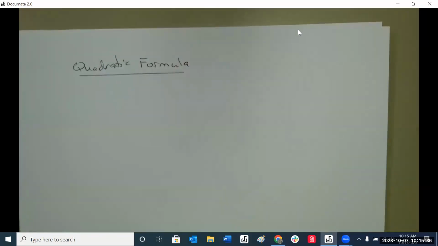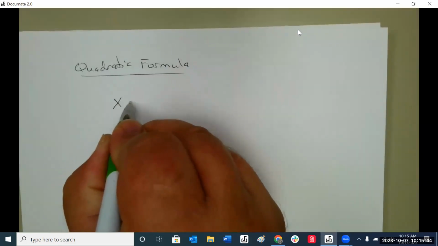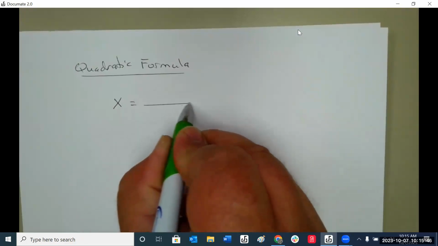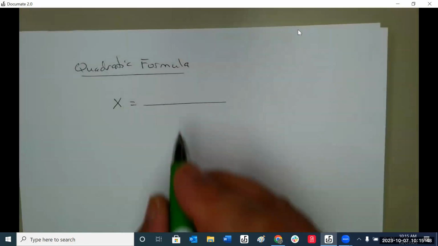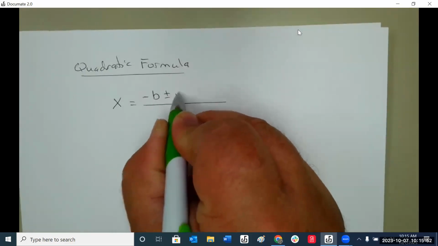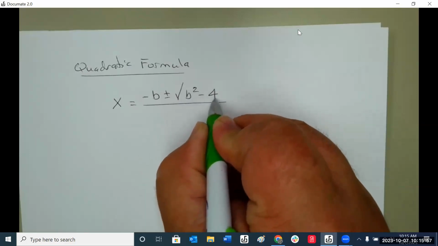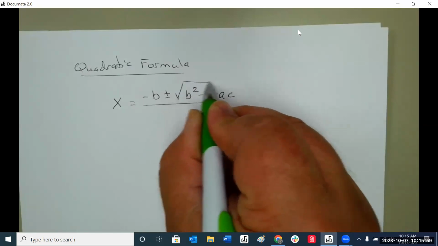The quadratic formula comes from the complete the square. You're looking for the x-intercepts. Negative b plus or minus the square root of b squared minus 4ac.